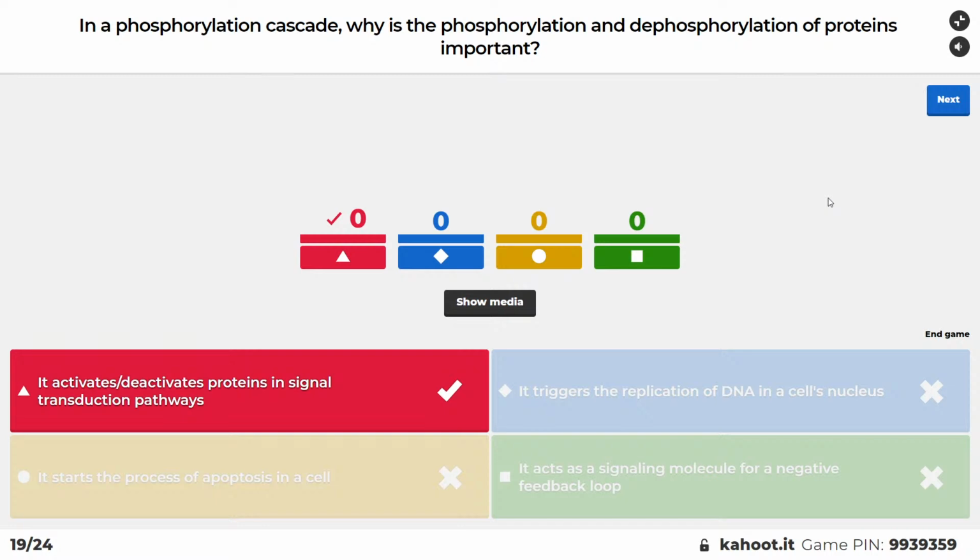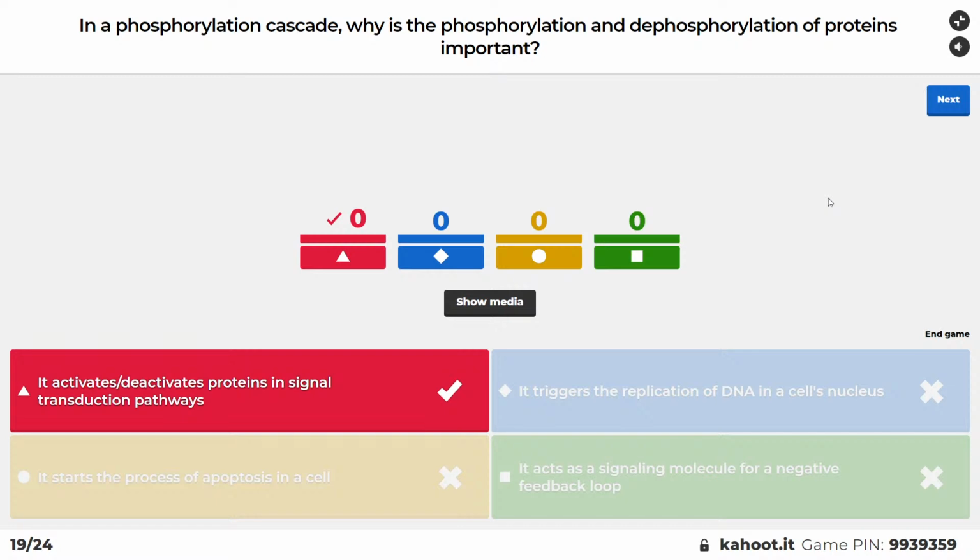When a phosphoryl group is added to a protein, it causes the protein to undergo a shape change and interact with the polar amino acids on the protein. That alters the function of the protein, which almost always activates it. Then that protein goes on to trigger other proteins in the pathway and activate them too.